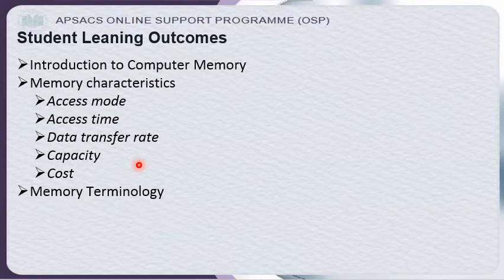Later on, we will discuss some terminologies of a computer memory, that is, how much the capacity is in KB, MB, GB, TB, terabyte, megabyte.